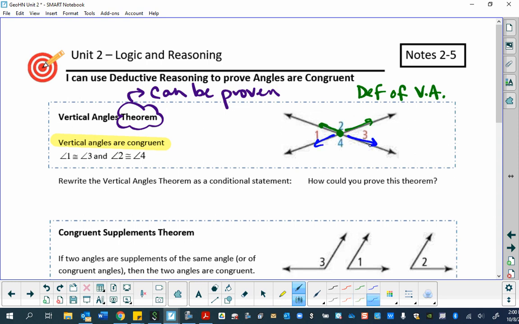If we had two angles that shared the vertex and non-common sides, we knew we had vertical angles. That's the definition of vertical angles. In no part of that definition does it tell us that they're congruent. We've kind of been cheating.